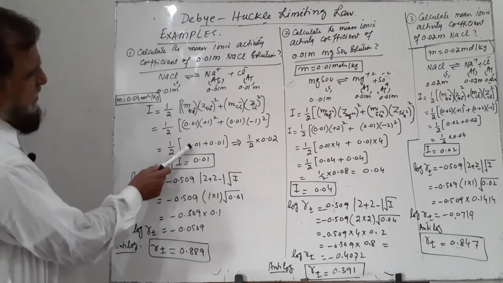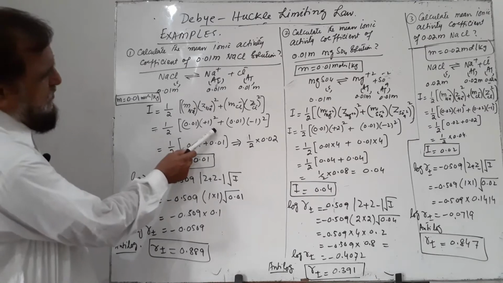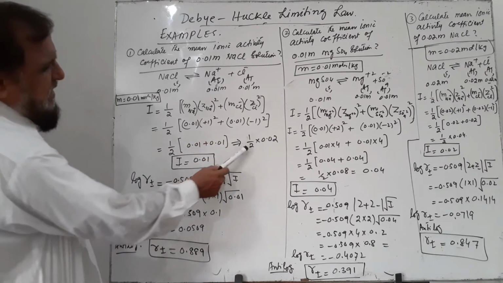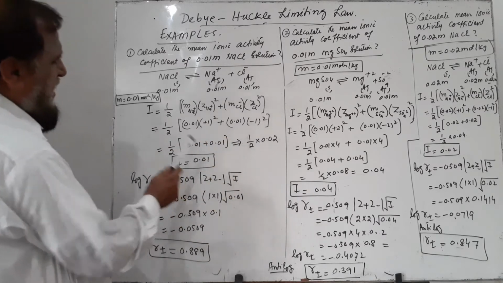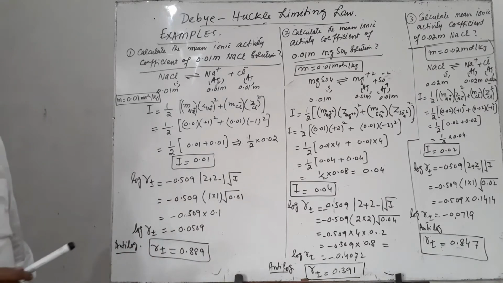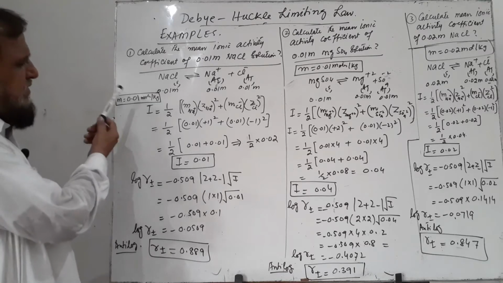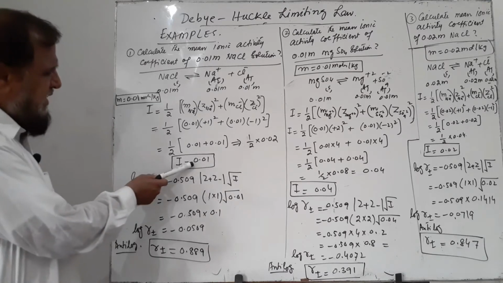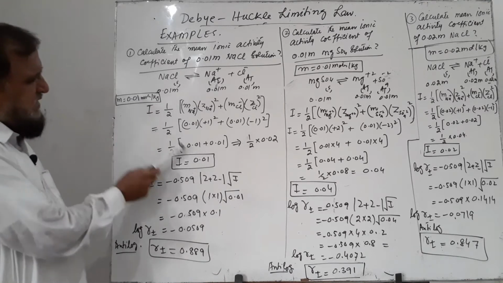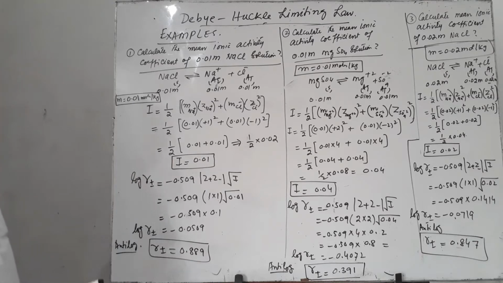Thus we get 1/2 into 0.02. Ionic strength is equal to 0.01. Now the molality was 0.01, it was a 1,1 electrolyte, therefore the ionic strength was equal to the concentration. Ionic strength is also equal to 0.01.